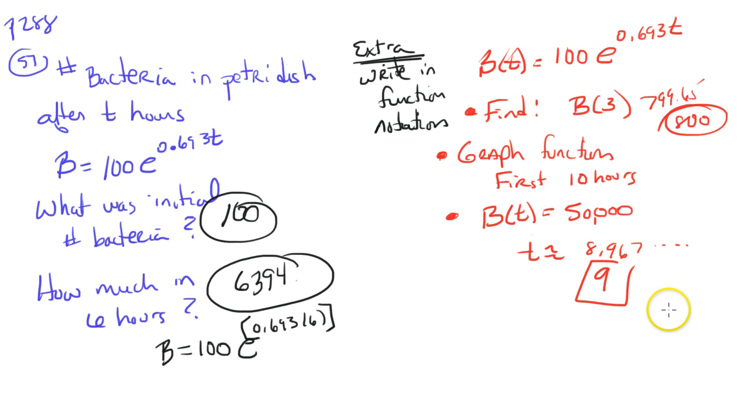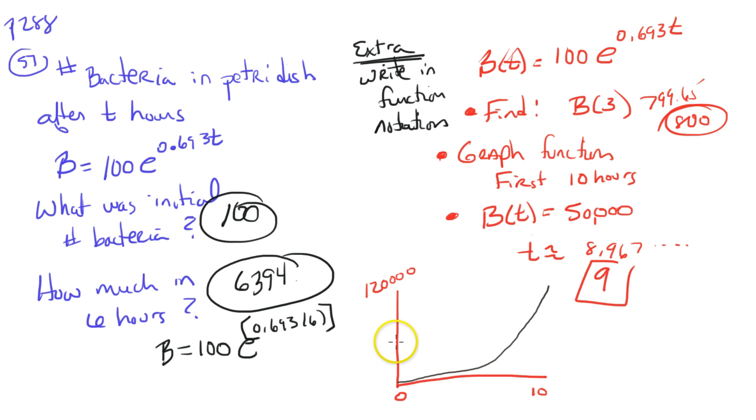And the graph was the window we saw, so I can redo that graph again. So 0 to 10, and I put it at 120,000. And it looked pretty much like a flat line at first. Like you can't even see it. And then it really started scooching up. And then we graph 50,000 like this. And that's our intersection.